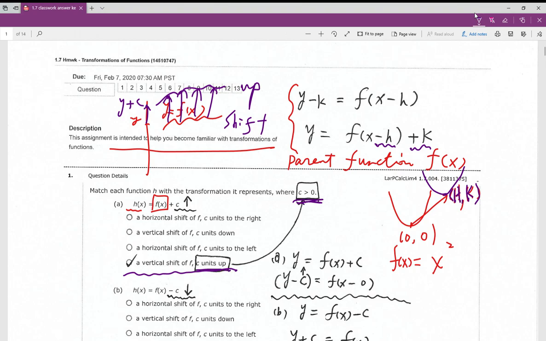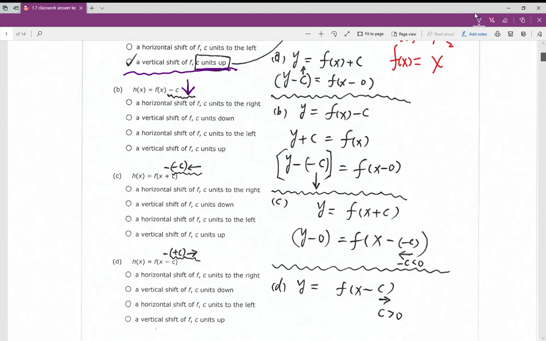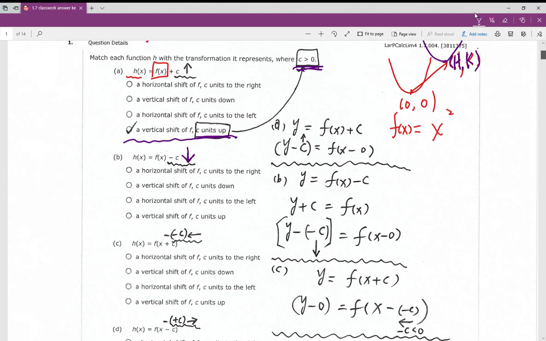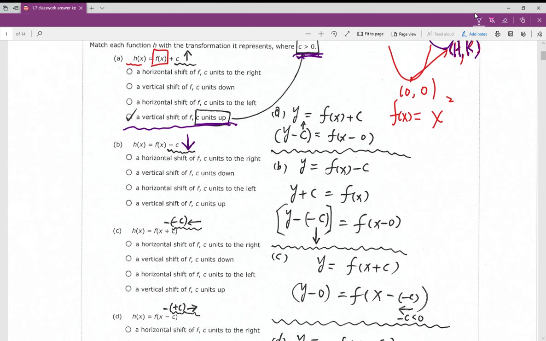Now, if you have part B, you minus c, then you shift down c steps. So number 1, A and B, I think I consider it's not too hard. So the whole graph will be a vertical shift of c units down.